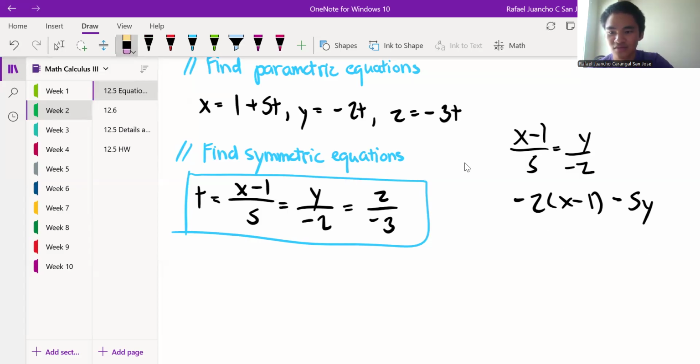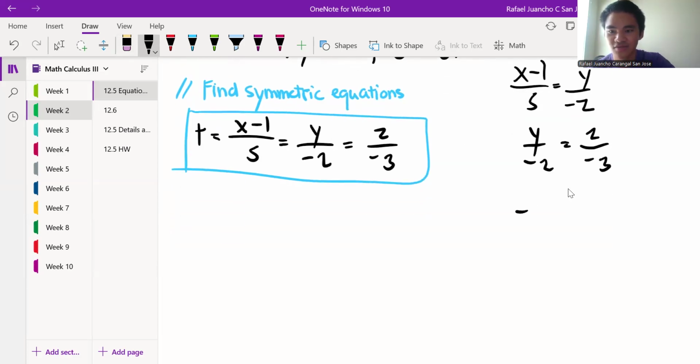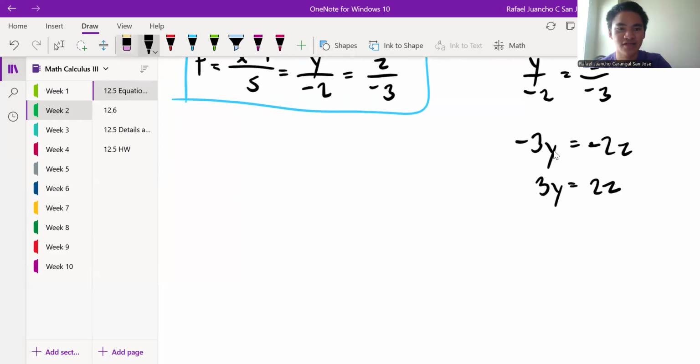Or I could even do y minus 2, z minus 3, which is even easier to simplify: 3y equals 2z. So now I have that same line, but in terms of y and z.